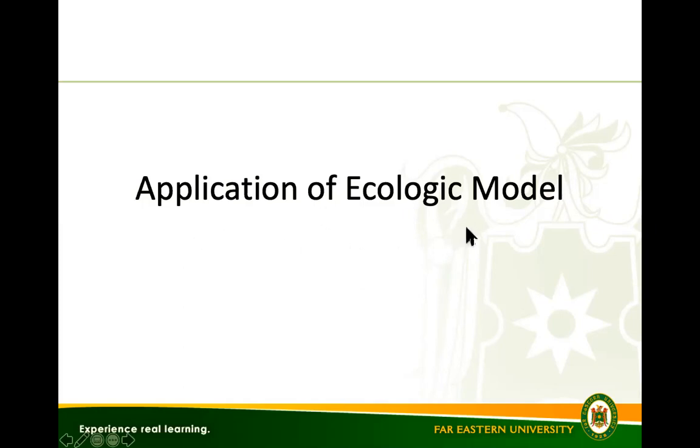Now, this interaction between the factors could be a relationship between the agent and the environment, or an interaction between the host and the environment, or an interaction between the human host and the agent, or an interaction between the three: the agent, the host, and the environmental factors.